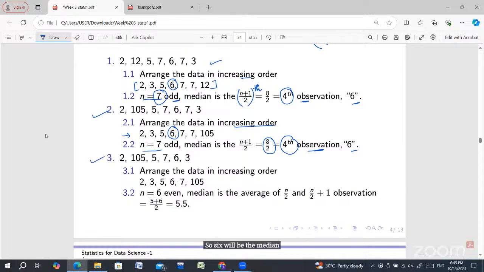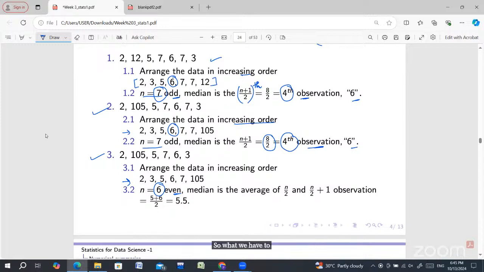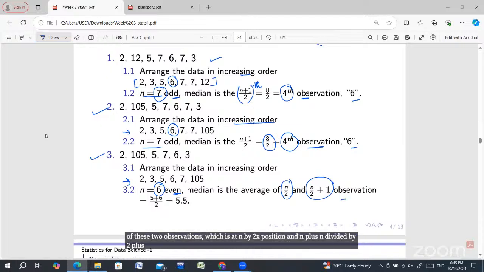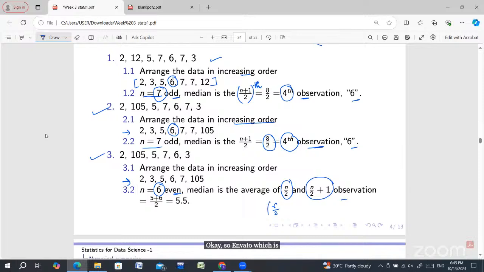Now in the third data set, you can see that we have arranged the data set in ascending order. Here the total number of observations is 6, which is an even number. So we have to find the average of the two observations at the n by 2th position and the n divided by 2 plus 1th position. So 6 by 2th observation plus 6 by 2 plus 1th observation, divided by 2.